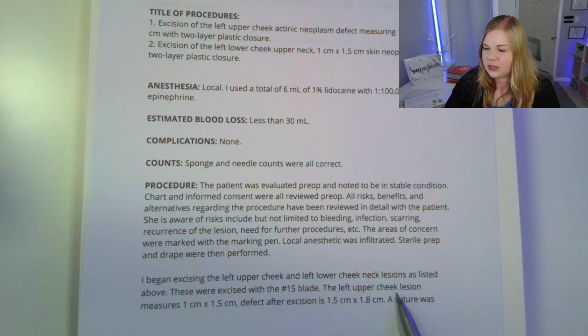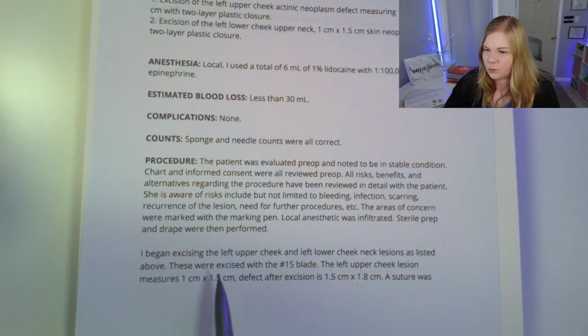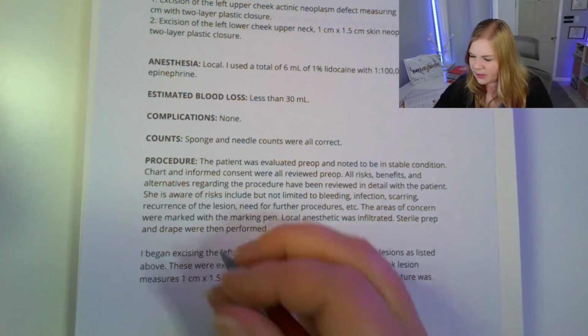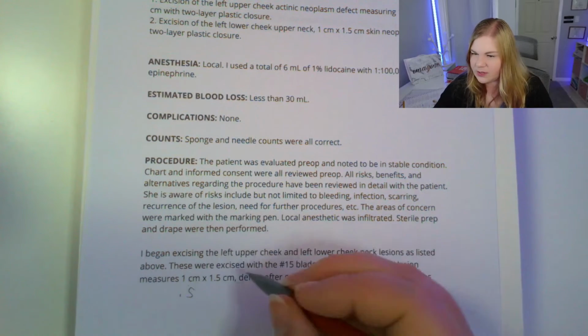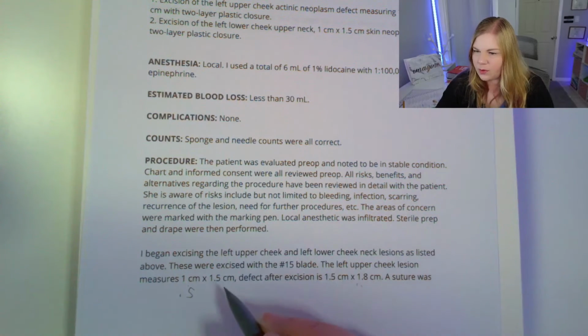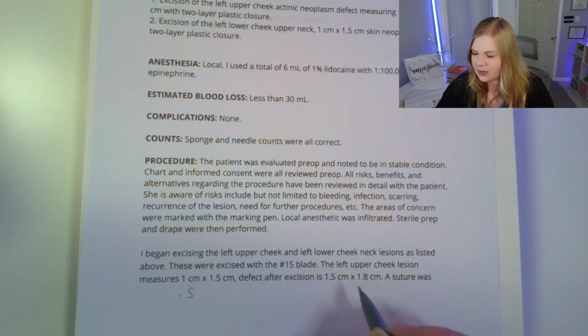The left upper cheek lesion measures 1 centimeter by 1.5. After excision, it was 1.5 by 1.8. Okay, so now we can see here he did take margins. So this was the size of the lesion, 1 centimeter by 1.5 centimeter, and then after the margins were taken, it was 1.5 plus 1.8, which means he took a 0.5 on this side, and then 1.5, and then the difference from 1.8 is 0.3.